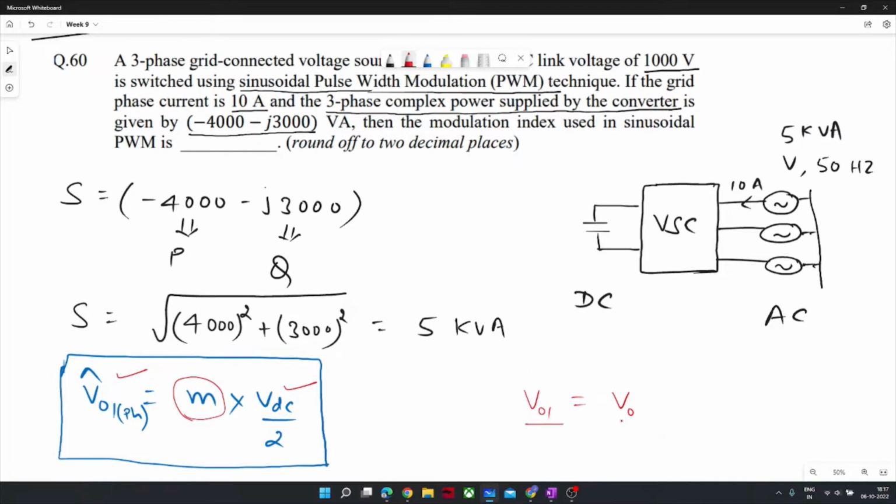V naught 1 is equal to V naught. I will give a hint: this relation has something to do with the grid side frequency. So, do you know whether the grid side has some harmonics or not? Anyway, let me go ahead.